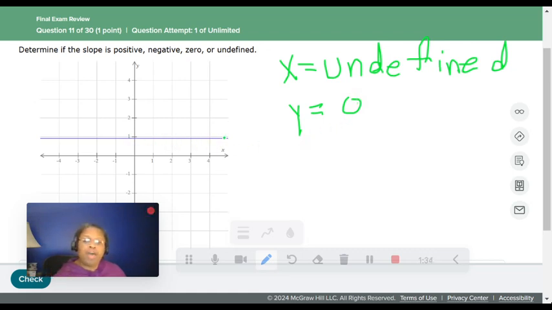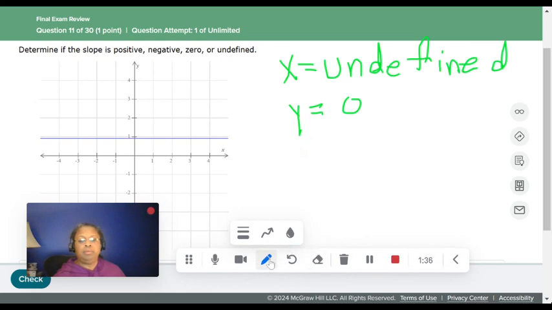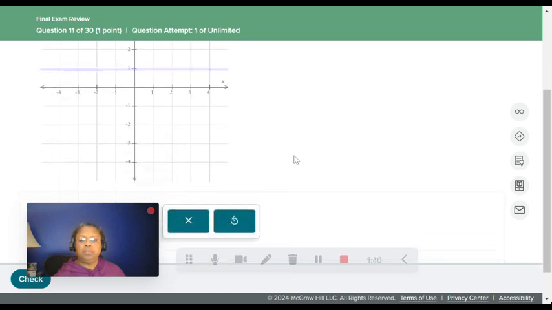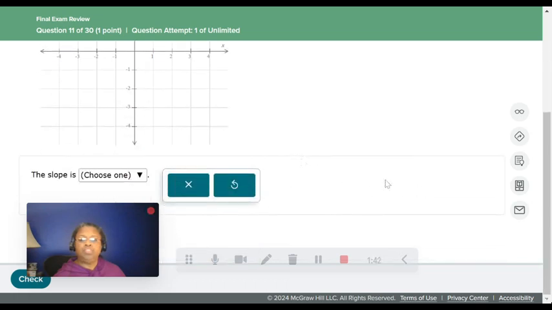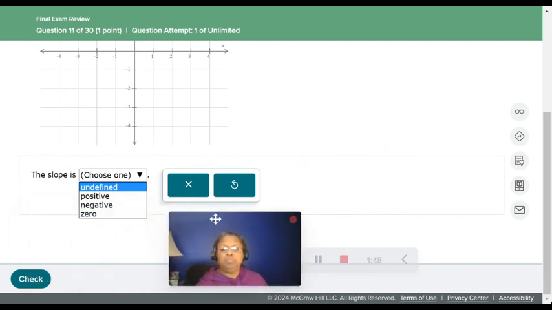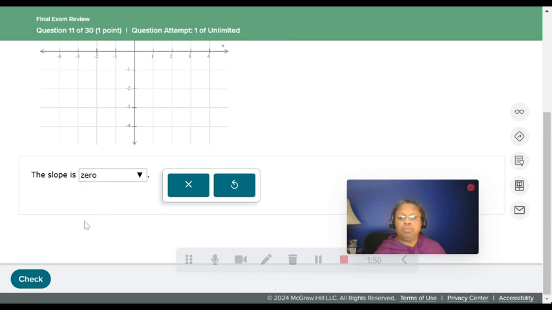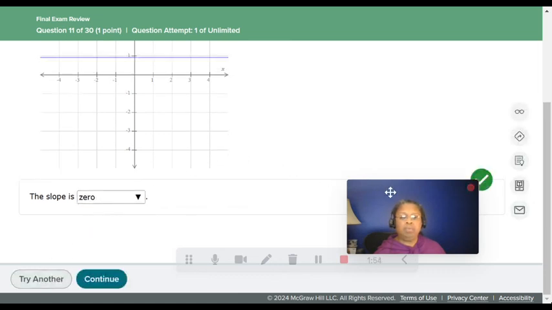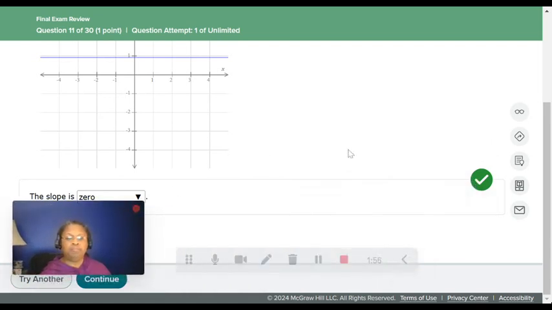So that is why it would be 0. So let's find, it says choose 1. We're going to choose, let's move this over, 0. Check it, and yippee, we got the green check mark.